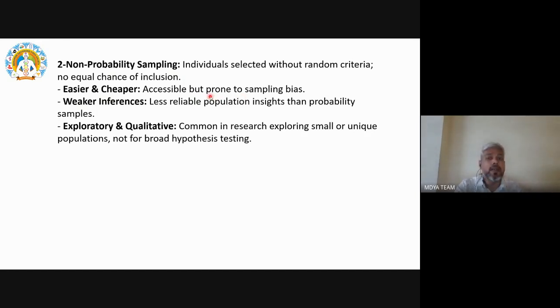It is accessible, but it can be biased, weaker inferences, less reliable population insights than probability samples. Exploratory and qualitative, common in research exploring a small or unique population, not for broad hypothesis testing. So exploratory and qualitative research use such kind of non-probability sampling, but non-probability sampling is weaker than probability sampling.